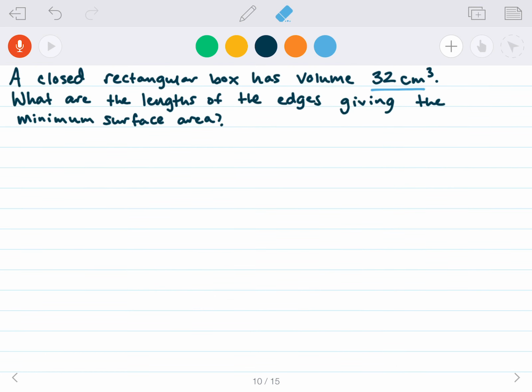A closed rectangular box has volume 32 centimeters cubed. What are the lengths of the edges given the minimum surface area? So we want to minimize surface area, and we're given that the volume is 32 centimeters cubed. In a rectangular box, we have a length, width, and height.